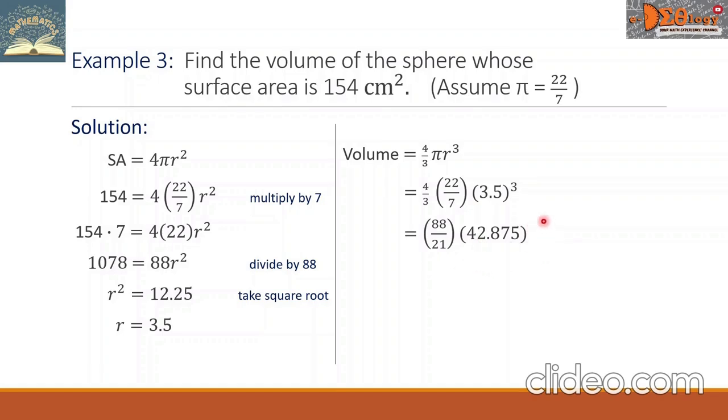Using the calculator, we can get our final answer. We multiply 88 by 42.875, then divide by 21. That is 179.67 cubic centimeters.